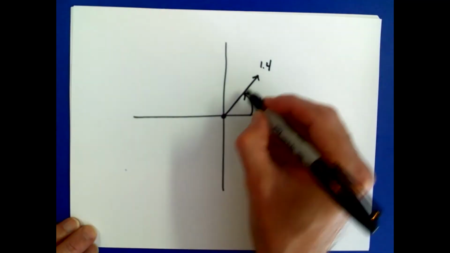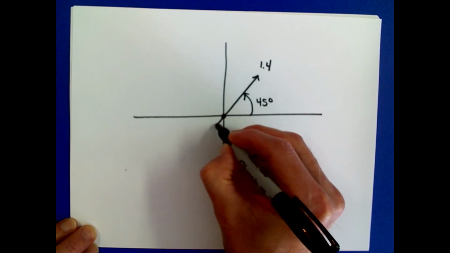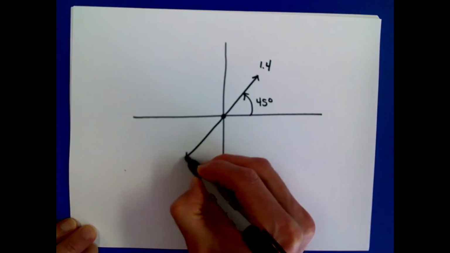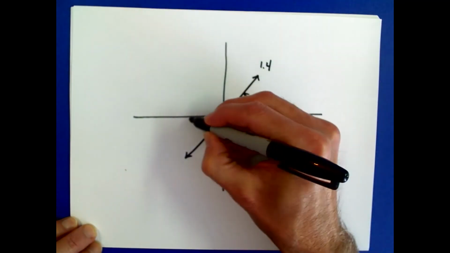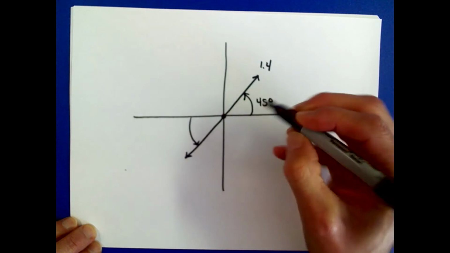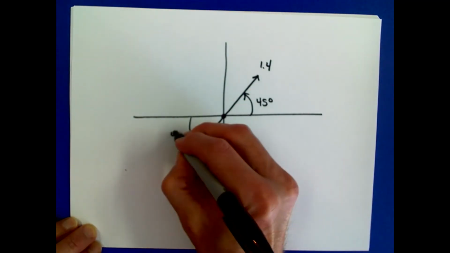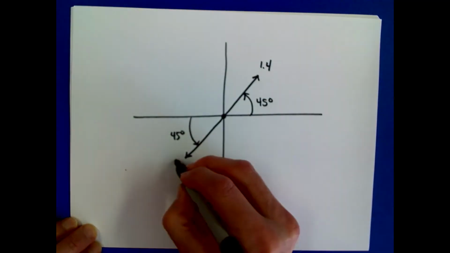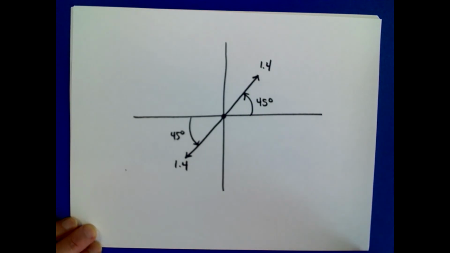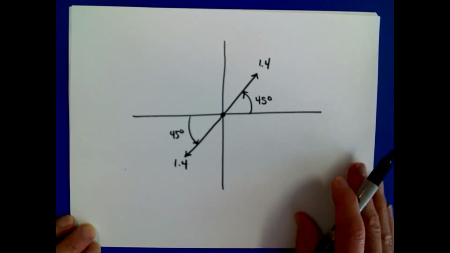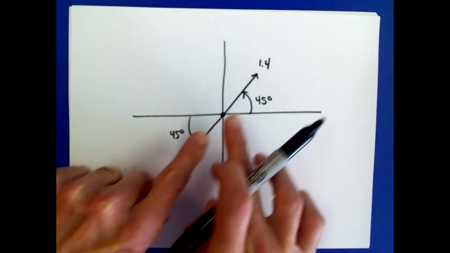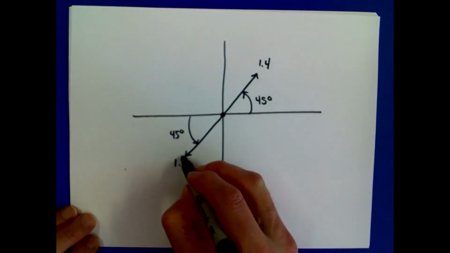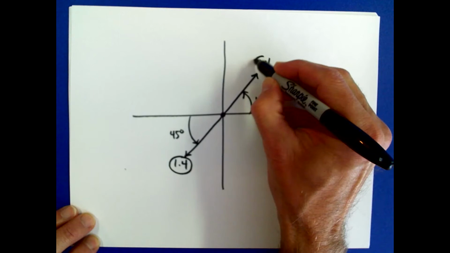Then we'll point another vector in the opposite direction, where it makes a 45-degree angle with the negative side of the x-axis, and we'll also give this a value of 1.4. Now, if we add these two vectors together, they're pointing in opposite directions and they have equal magnitude.